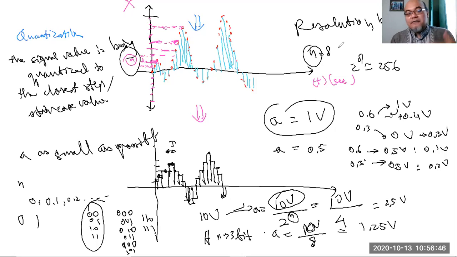But of course, with the advancement of electronics, they can be made very compact and small, so this can be compromised. So you can still have relatively fast sampling, but with relatively accurate quantization.